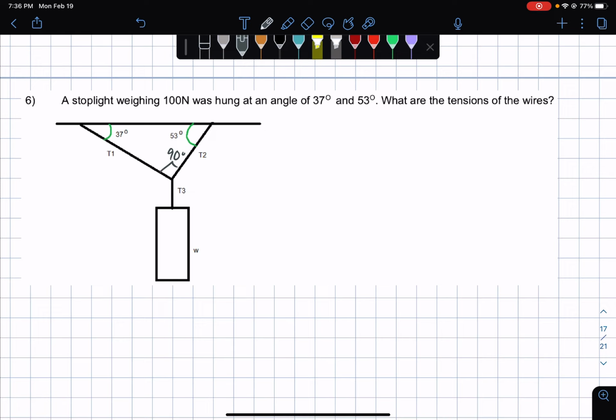And the stoplight, the weight is equal to 100 newtons. You could use a bigger W. So what are the tensions of the wires? Yeah, this is going to be pretty challenging.